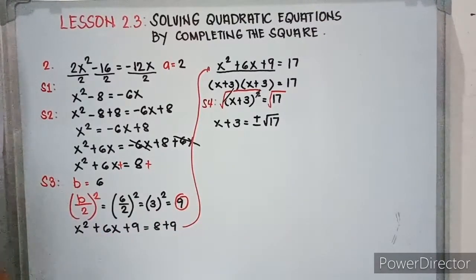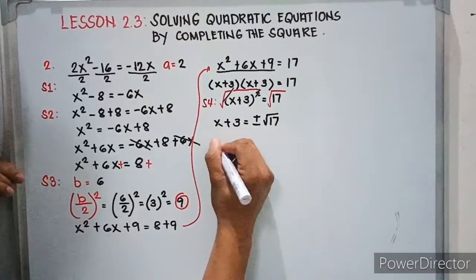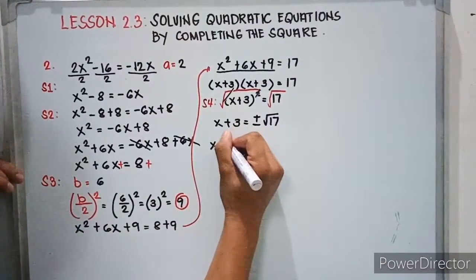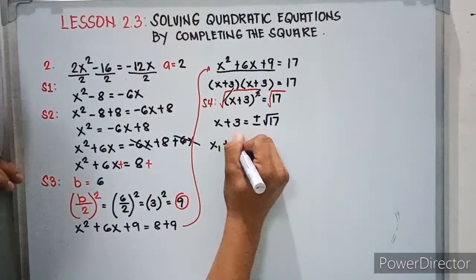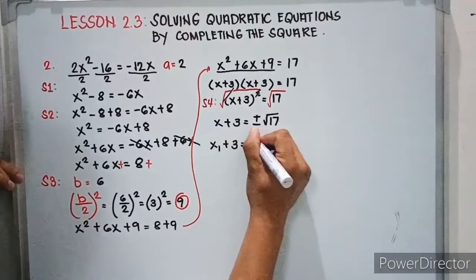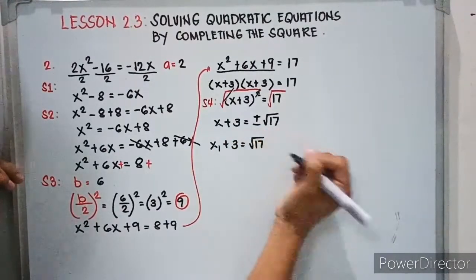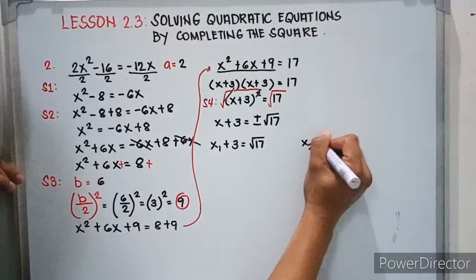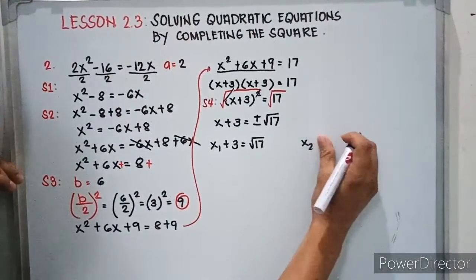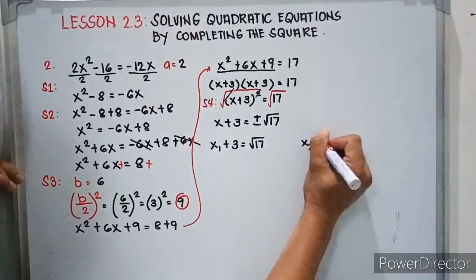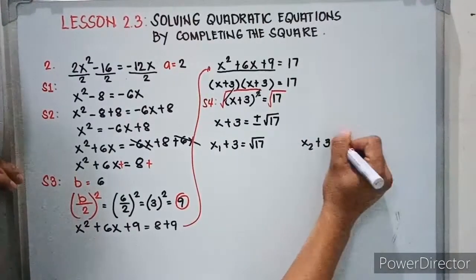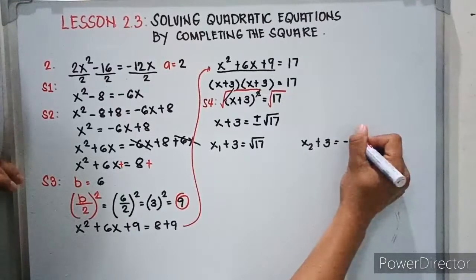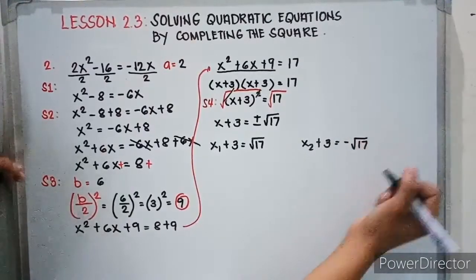Okay. So, for our x sub 1, we are going to have x sub 1 plus 3 equals square root of 17. Then, for our x sub 2, we will have x sub 2 plus 3 equals negative square root of 17.